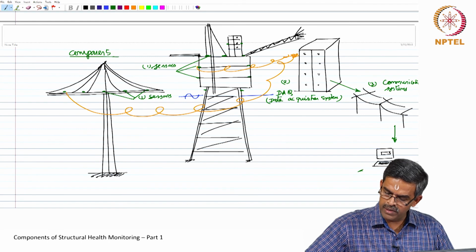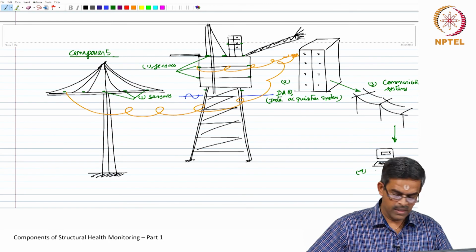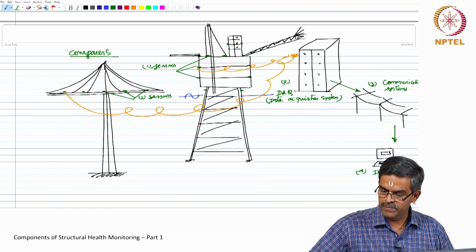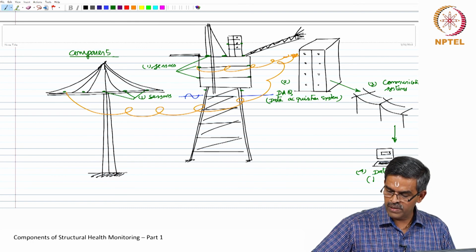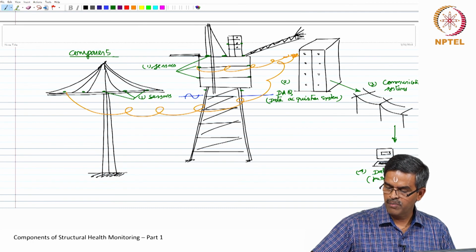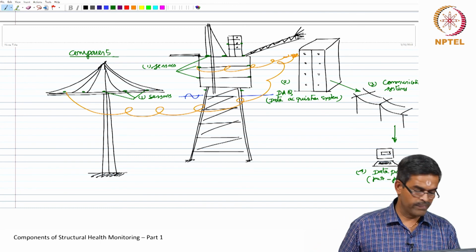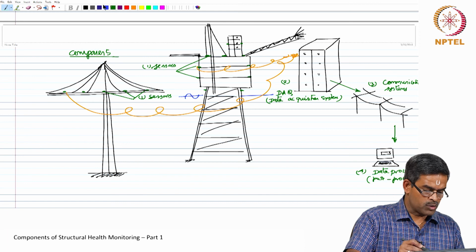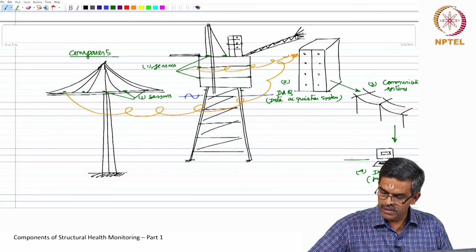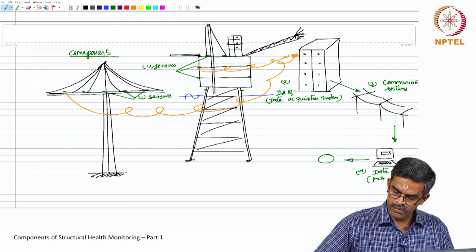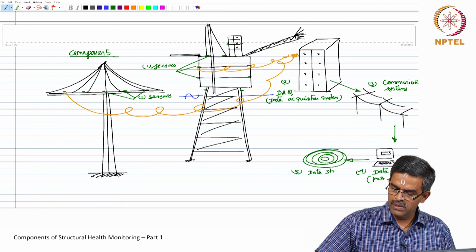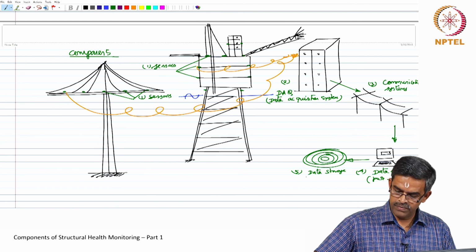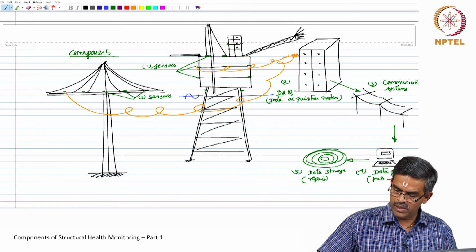We call this component as the fourth level component, which is data processing, which is otherwise commonly known as post processing. Once the data is post processed, then the data need to be stored. So, that is the fifth stage, which we call as data storage, which is otherwise called data repository.